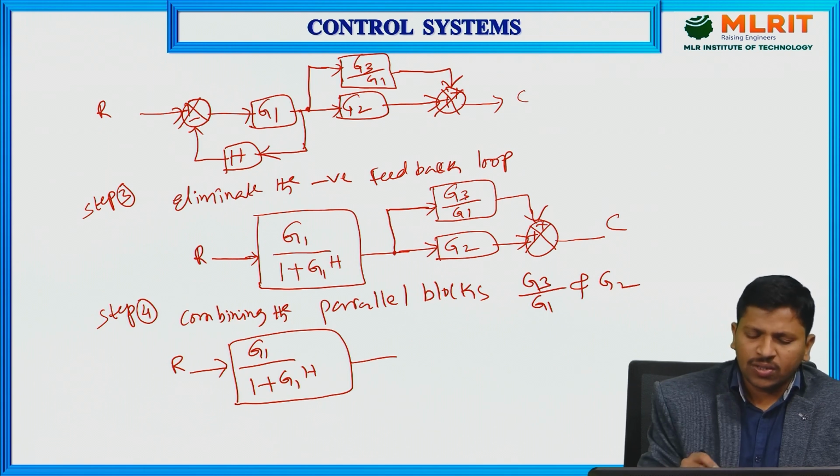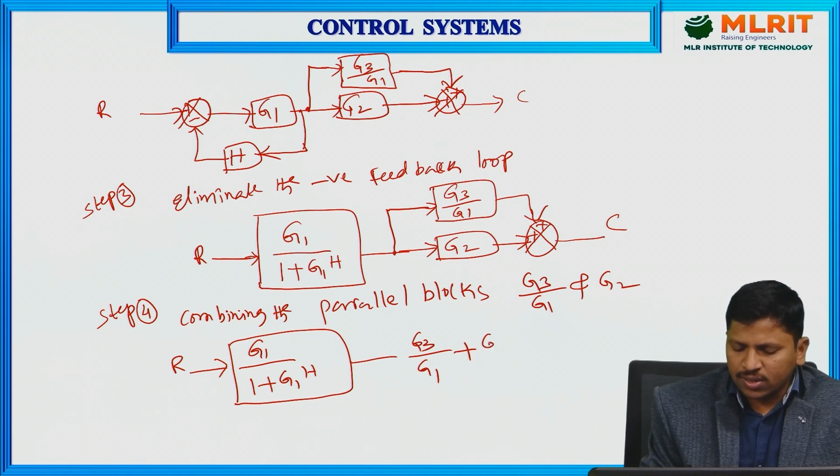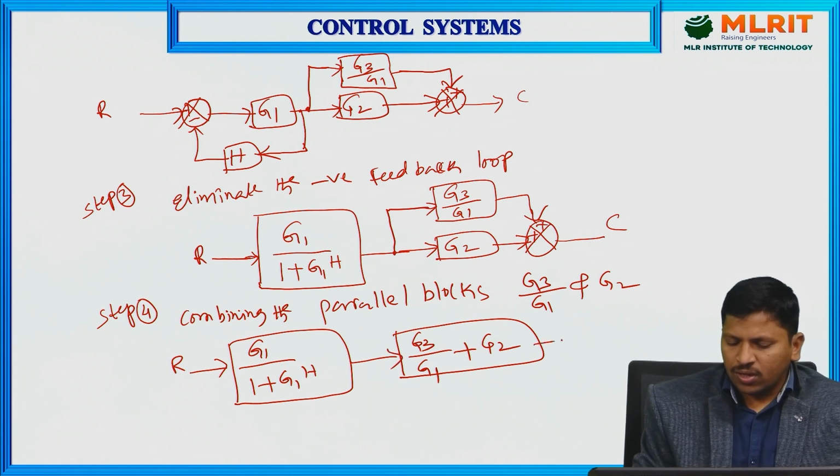So now we are going to add these two block values or block gains. Here G3 divided by G1 plus, in this block, G2. Okay, this is C.